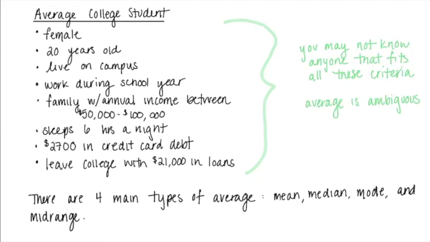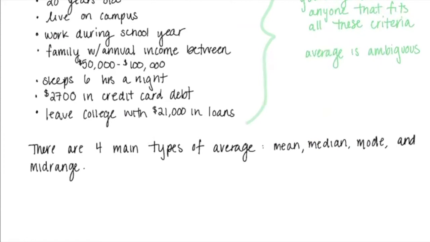And so if you hear an ad that says you have an average salary of this, which one are they talking about? Most of the time it's going to be the mean. That's what you think of when you have average. But these other ones may be a better gauge of the actual information that's going on.